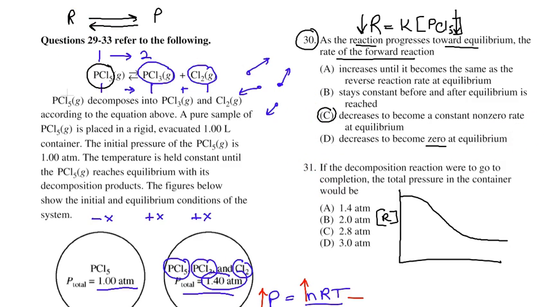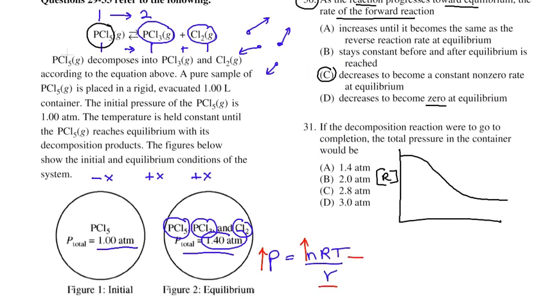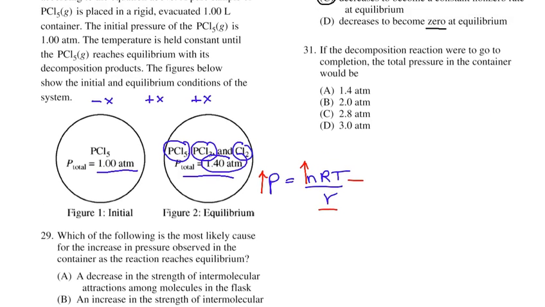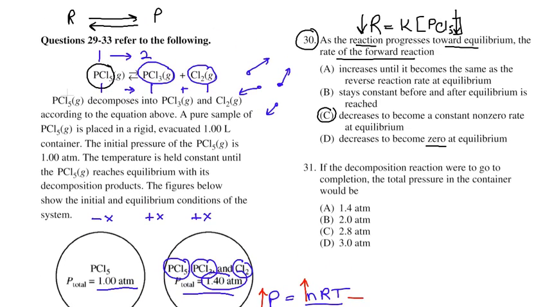Okay, so that's 30. Now 31, if the decomposition reaction would go to completion, the total pressure in the container would be what? Well, if we're going to go to completion, what do we have here? The container is not going to change, and we have how much of the initial pressure? We have 1 atmosphere of pressure for my initial reactant.